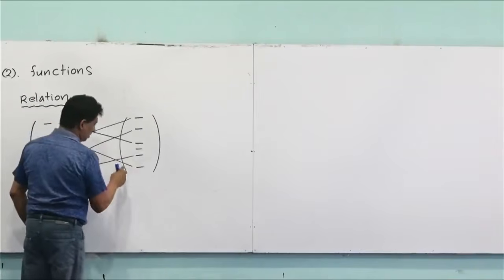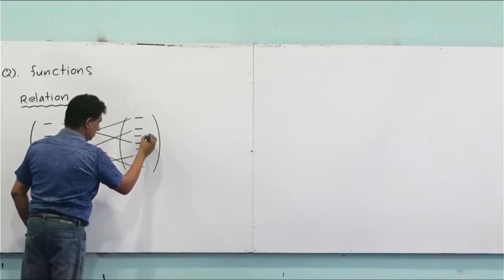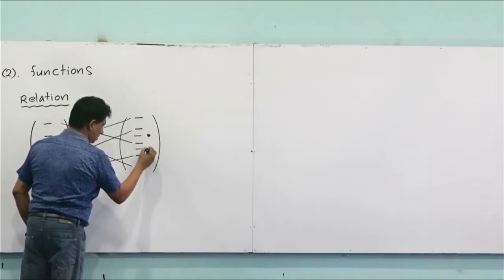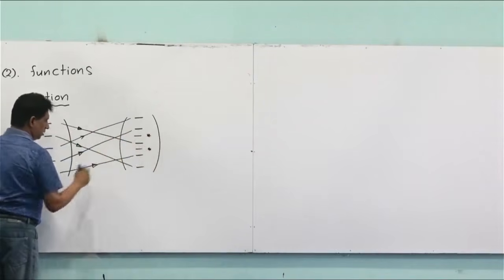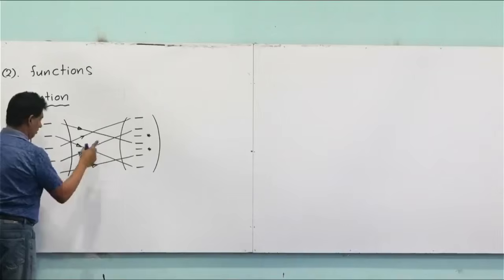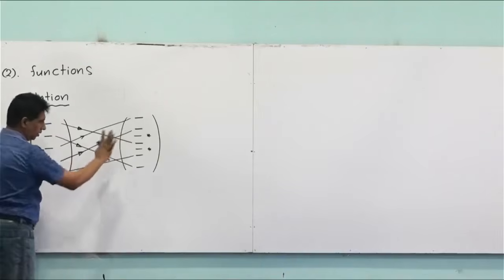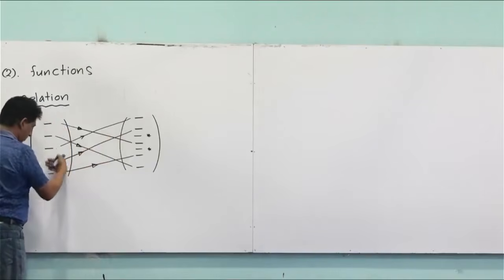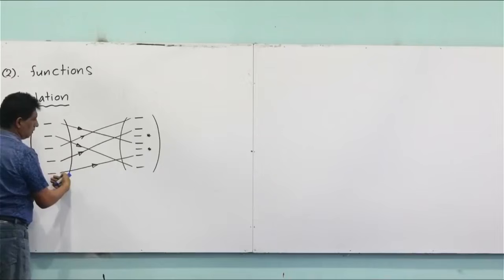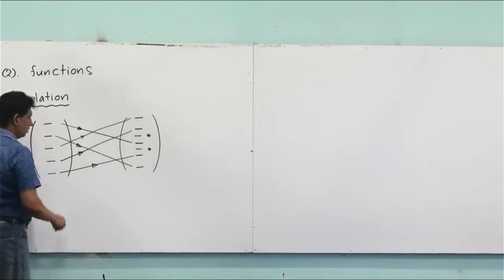But in the second set, there are a few elements, this one and this one, these 2 elements, with no connection to a first set element. It can be there, it is okay, right? But in the first set, all the elements should be connected with second set elements, right?